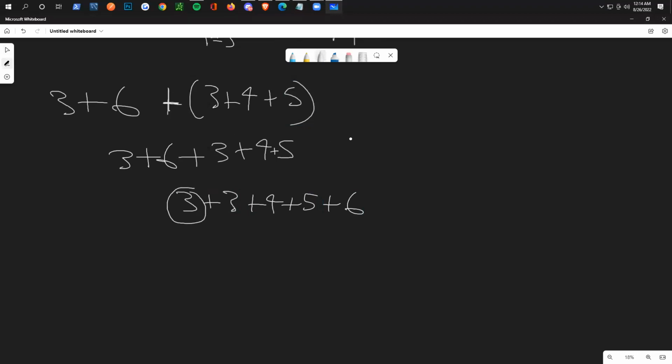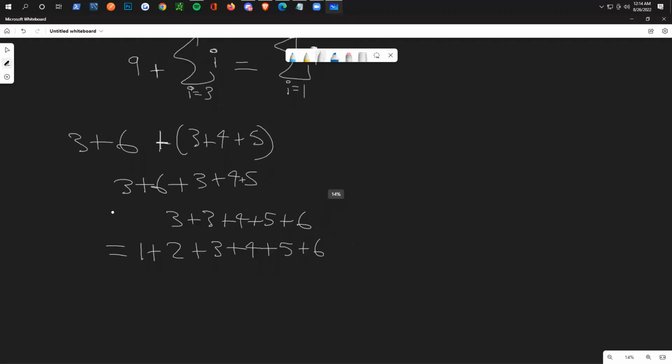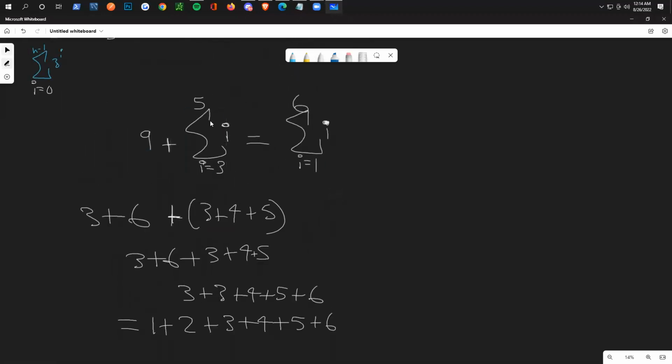To get to 3, you can do 1 plus 2. So you end up with 1 plus 2 plus 3 plus 4 plus 5 plus 6. That is why this actually ends up equaling this, because if you move the numbers around, or think about it a little differently, then you can end up adding it into that.